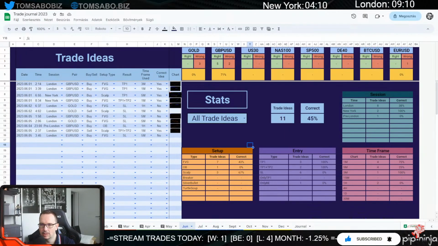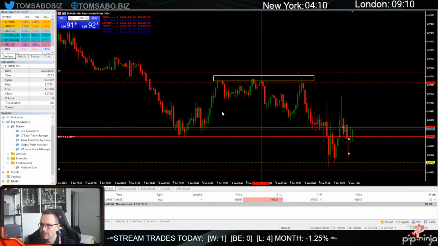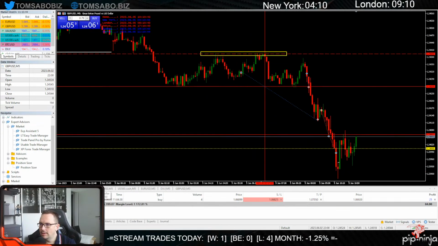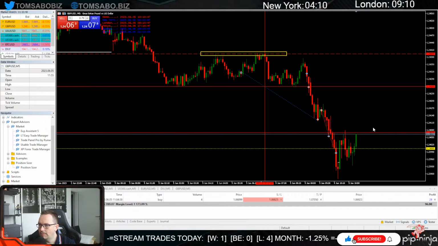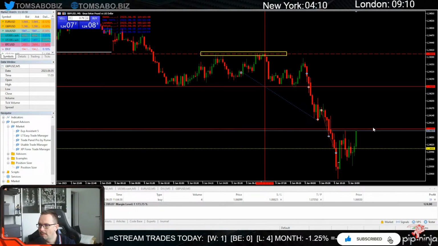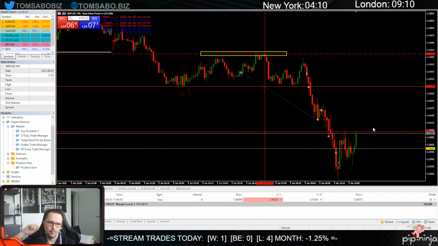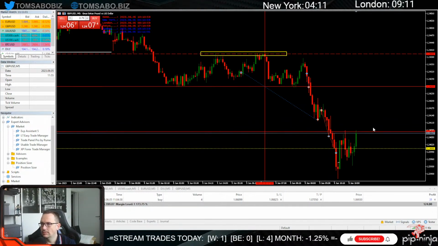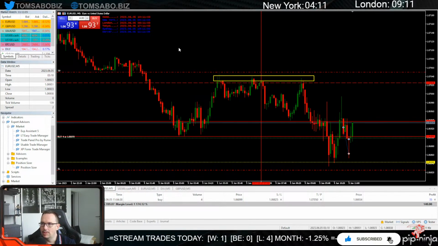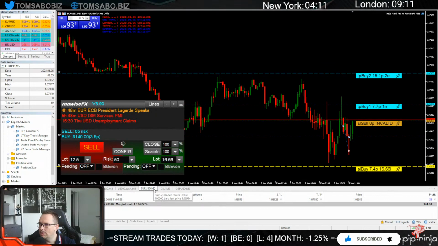Hold on. Okay, so let's look at pound. I don't even know where TP1 is on the euro. TP1 is at 97.06.